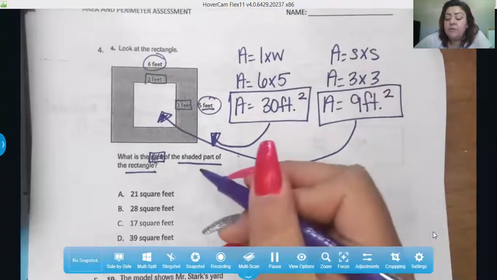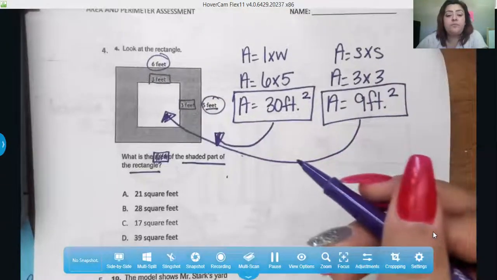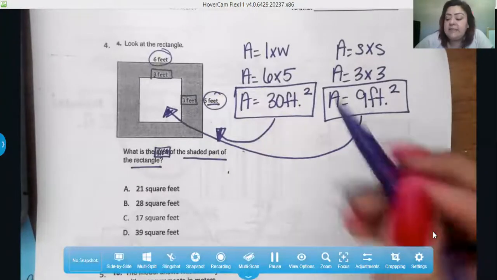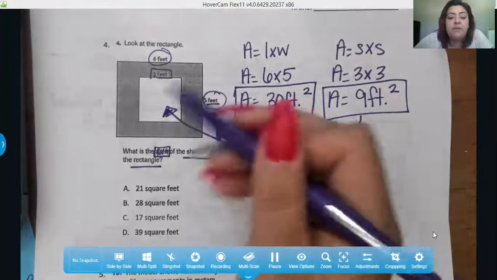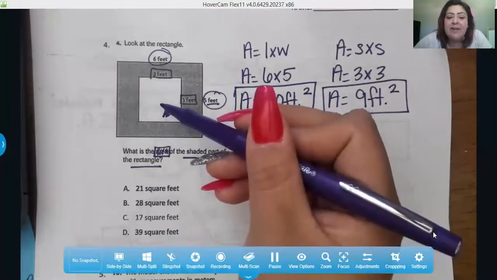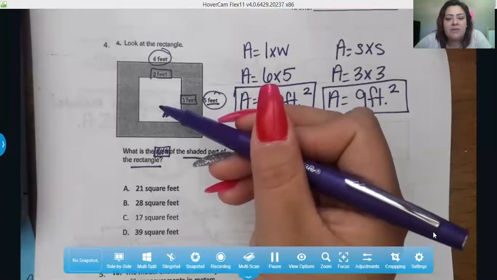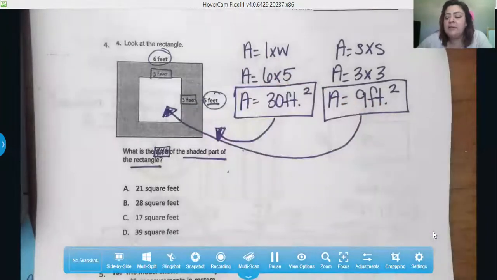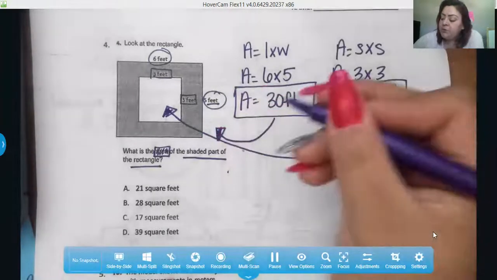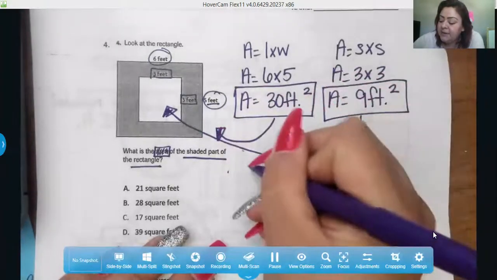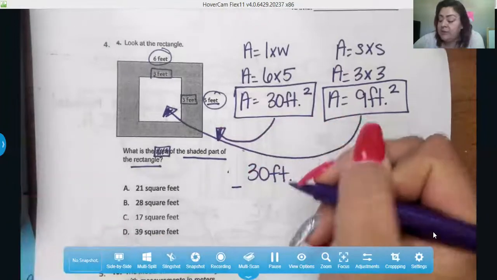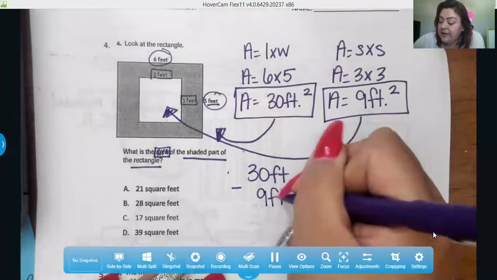They're asking me for just the shaded part, which another way that I like to look at it is this is your big old carpet, and you have to vacuum your carpet, but you have a table in the middle of your carpet. You can't vacuum on top of it, and so we have to take it out. Take out that measurement to see how much I'm vacuuming, which means when I'm taking them out, I'm going to take my 30 feet and again take out that 9 feet.